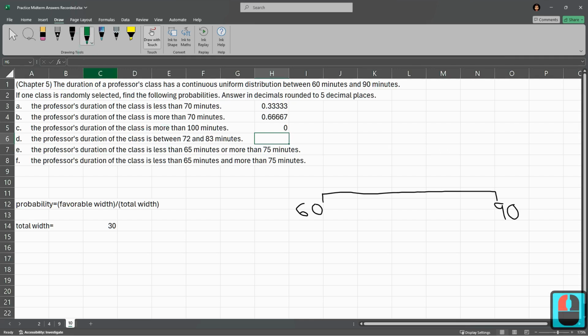All right, next up, between 72 and 83. Now, one thing you'll notice in continuous is that it doesn't say less than or equal to, greater than or equal to. In continuous, you don't have to worry about that. So 72 and 83. 72 is between 60 and 90. 83 is somewhere here.